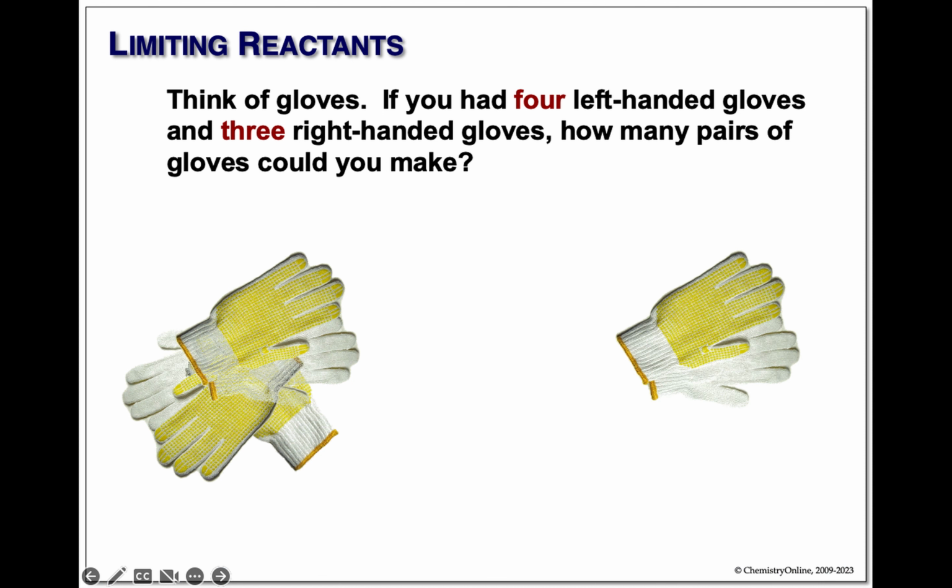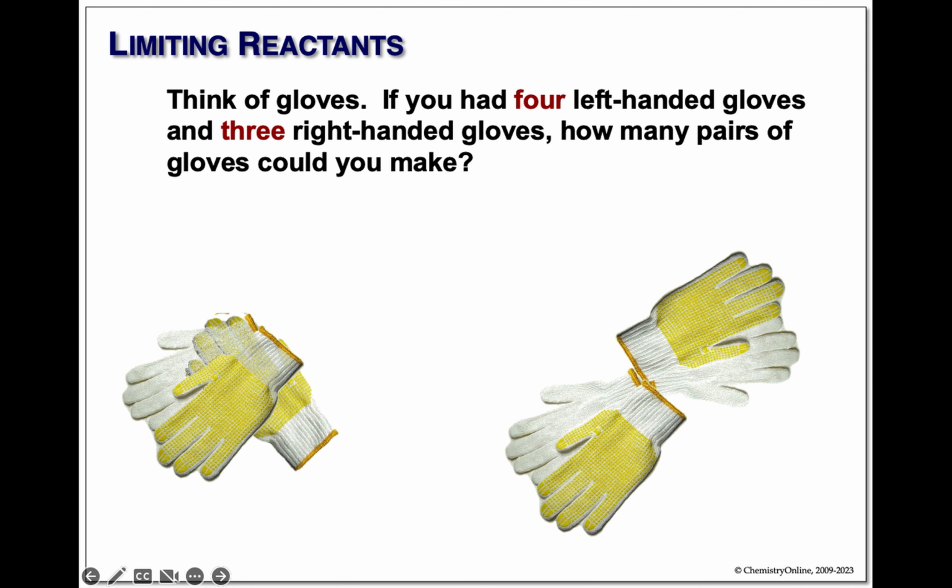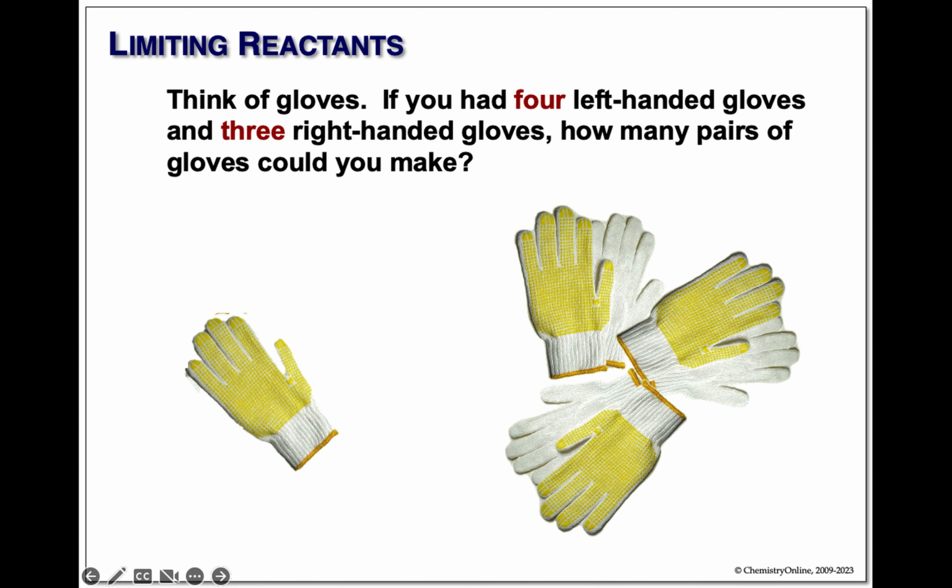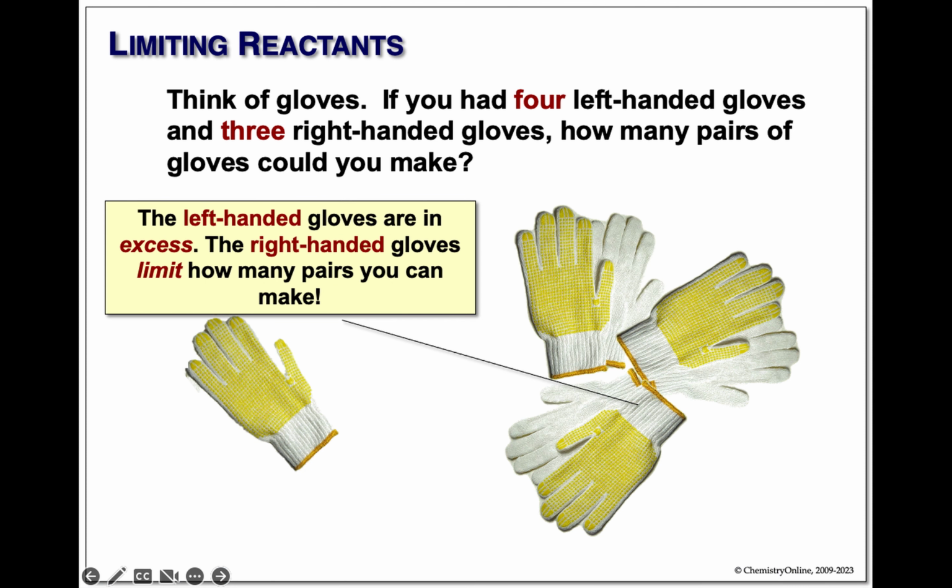Grab a right and a left, grab a right and a left, and by George, you have 3 pairs and 1 left-handed glove left over. The rights limited how many you could do. The left was present in excess. We have leftovers. That's all limiting reactants are.